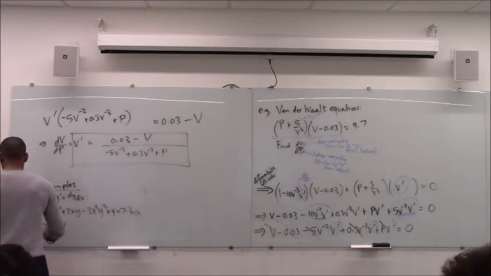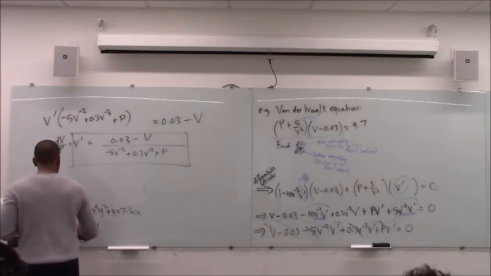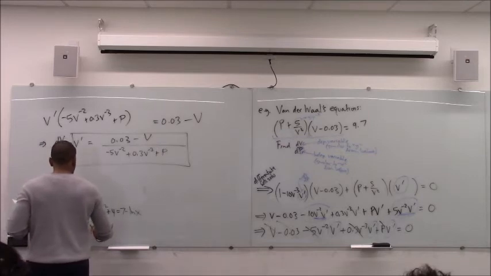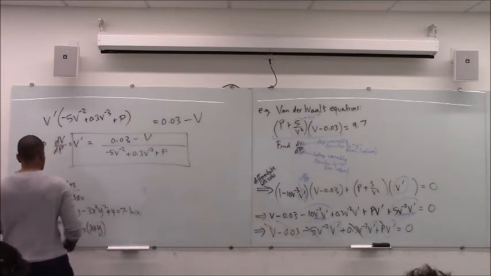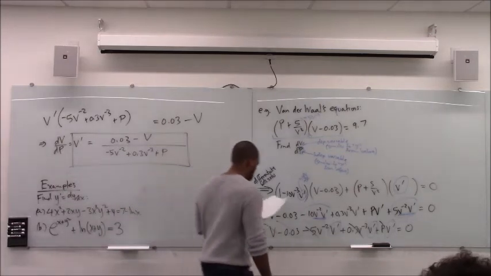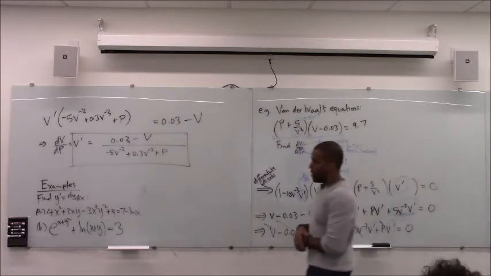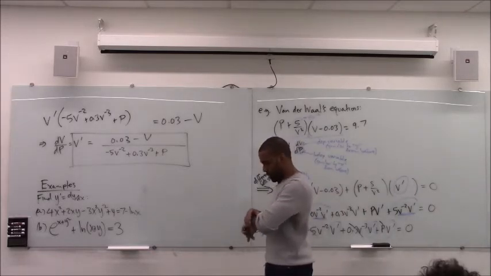B, if we know that e raised to the x plus y squared plus ln of x plus y equals 3. I'll actually give you guys some time to try these.